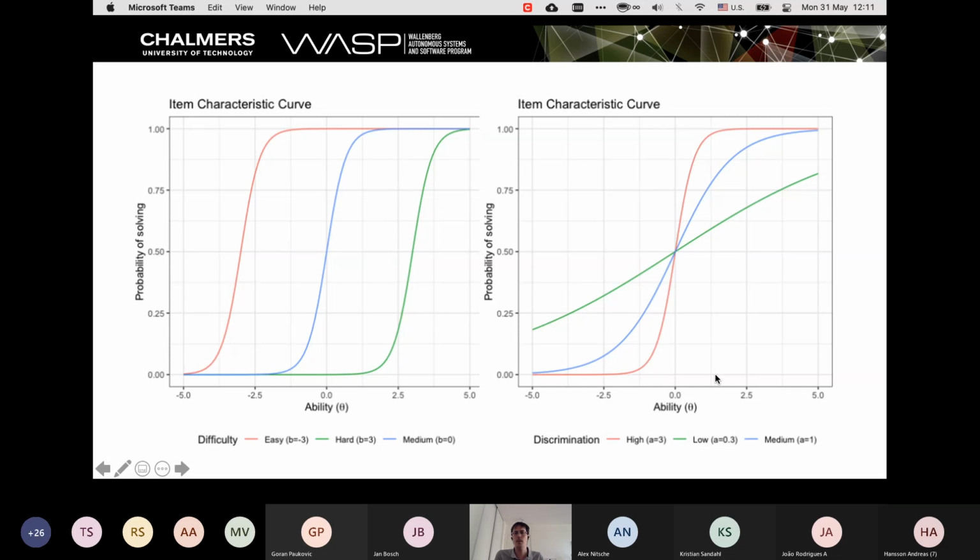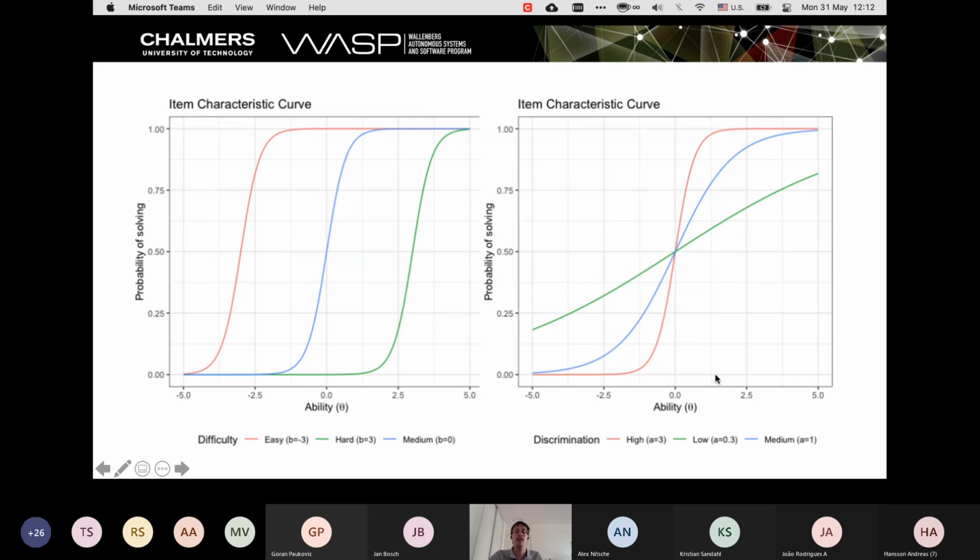So those are the two main things that we're looking at in item response theory: how well the difficulty of the item matches the students. Ideally the difficulty should be the same as the students'. And how well an item is able to discriminate students. That is, a small change in the student's ability will reflect on different probabilities of solving an item.